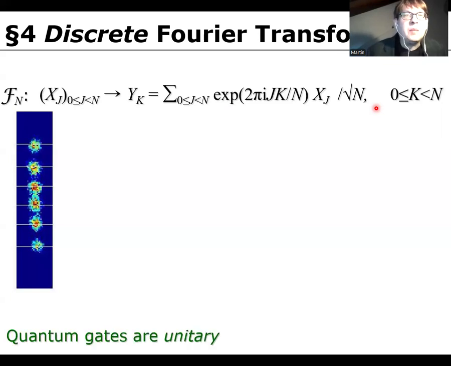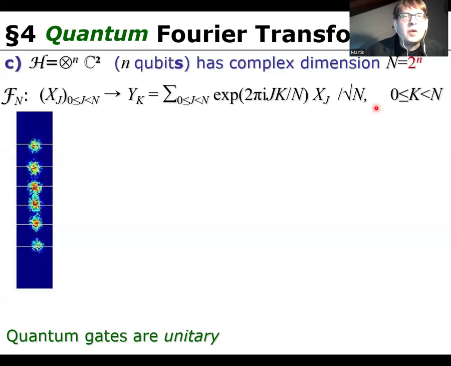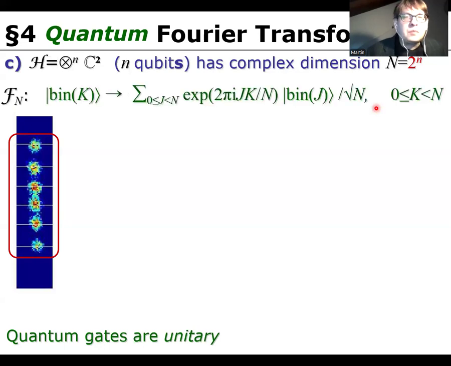And that's exactly what we do here. The quantum Fourier transform simply is the mathematical counterpart to that on this n-dimensional complex Hilbert space, operating on all n qubits. And we describe it again with a matrix describing how it operates on the basis vectors.